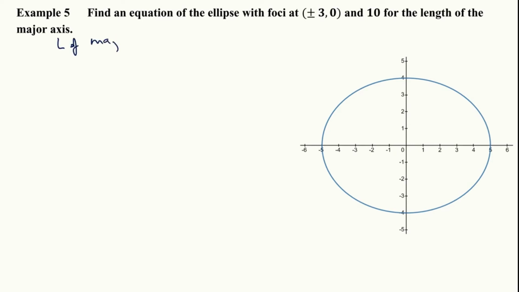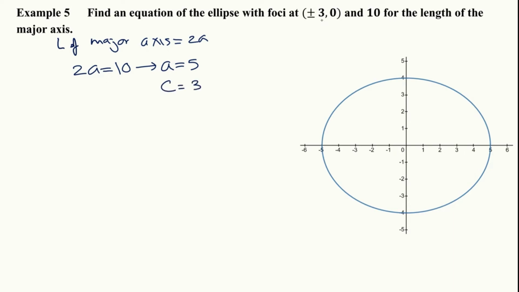So that means 2a equals 10, which is going to tell us a equals 5. Now, of course, to write the equation, we'll also need b, and we don't have it, but we have a, and since these are the coordinates of the foci, we know that c should be 3.